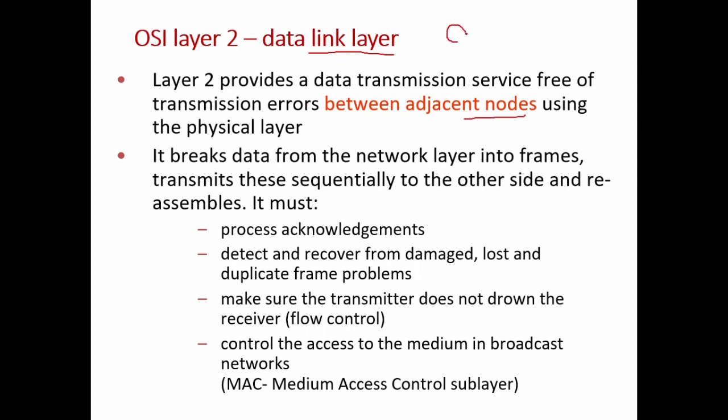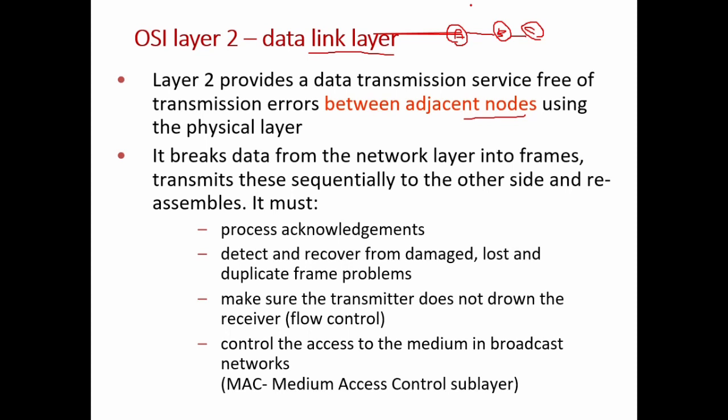So if we have, for instance, node A, node B, and node C, the transmission of the data happens between any 2 adjacent nodes once we want to transfer the data.